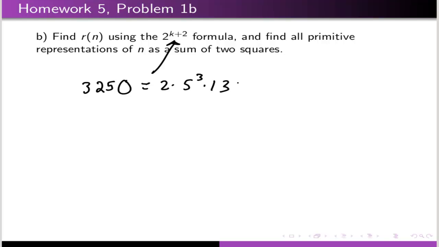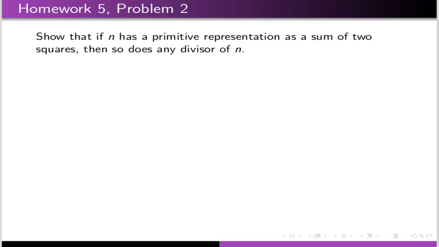And so according to the theorem, there should be 2 to the 4th representations. So k is 2 here, and r of n is 2 to the 4th, which is 16, which means really just the 2 distinct ones we already found. All right, let's move on.